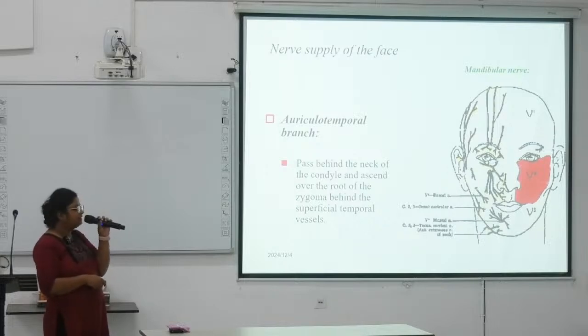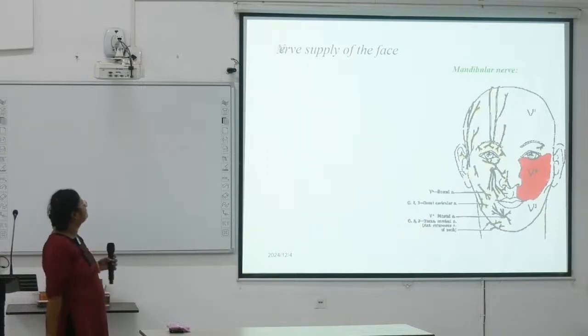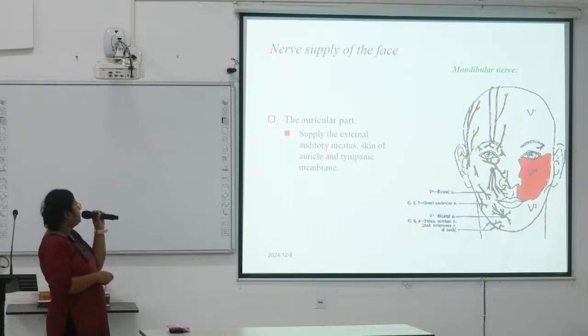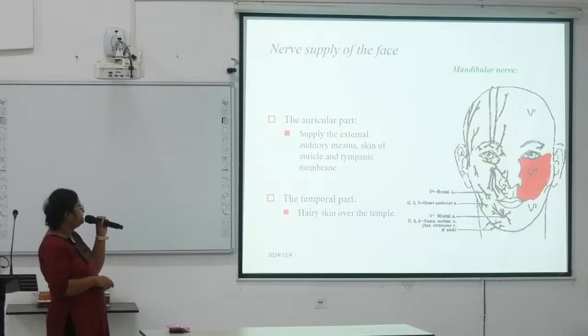During face dissection, we will see the auriculotemporal nerve and the superficial temporal vessels lying together. The auricular part supplies the external auditory meatus, skin of the auricle and tympanic membrane. The temporal part supplies the hairy skin over the temple.